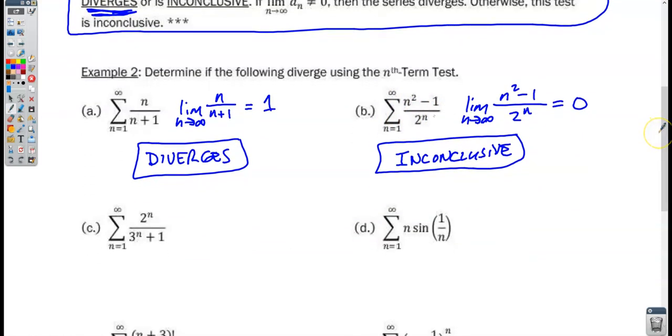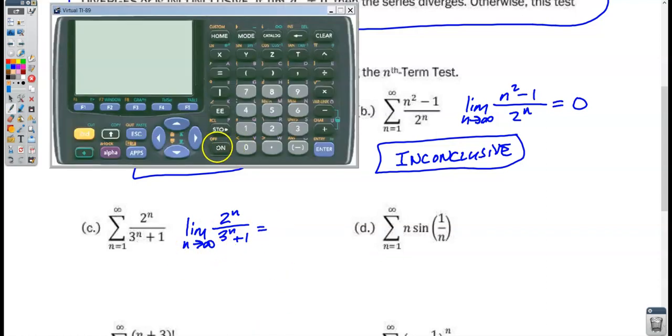All right, part C. Limit as n goes to infinity of 2 to the n over 3 to the n plus 1. All right. If I take this limit, and again, if you're stuck, we're in a learning mode here. If you're stuck and you're not sure about what this limit is, it's going to be infinity over infinity.